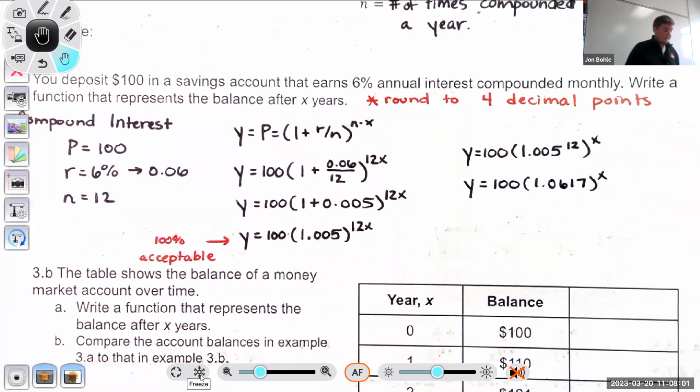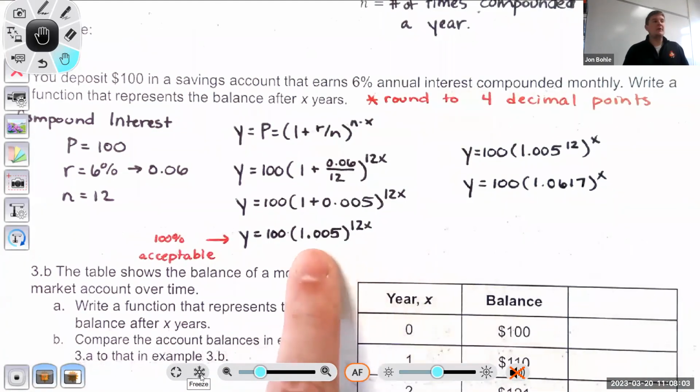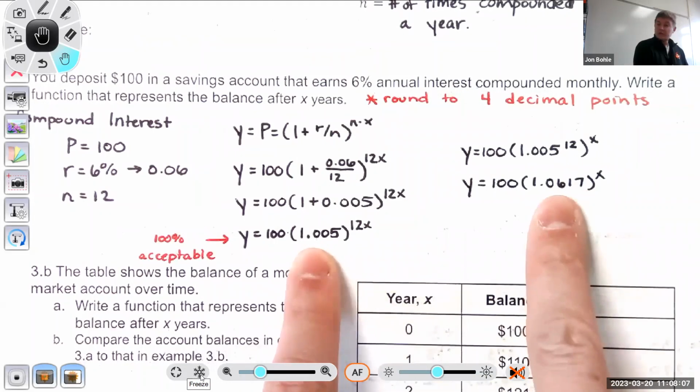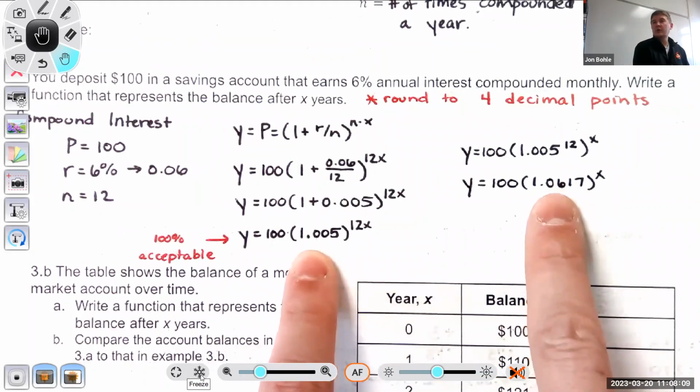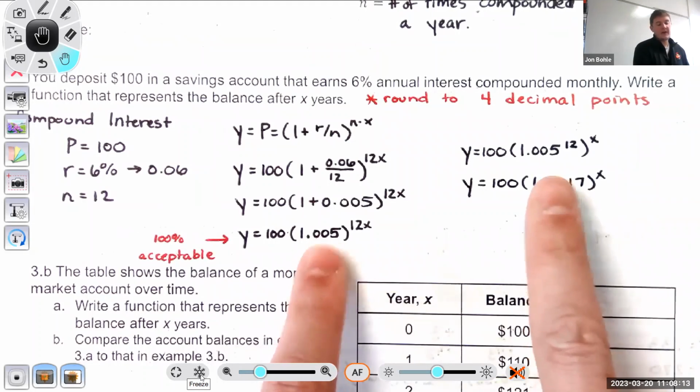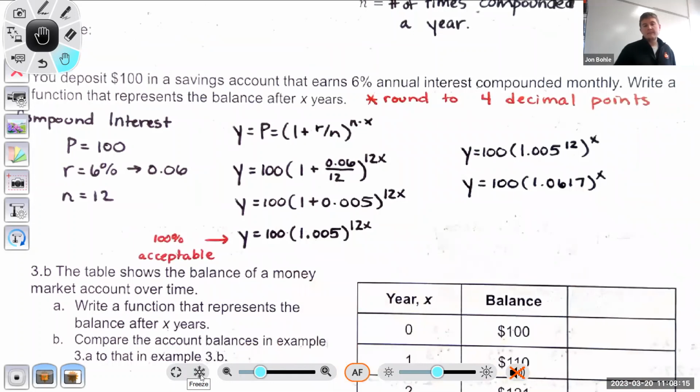This shows your compounded rate and how often. This shows what you're going to get annually, essentially. They're mathematically the same, though.